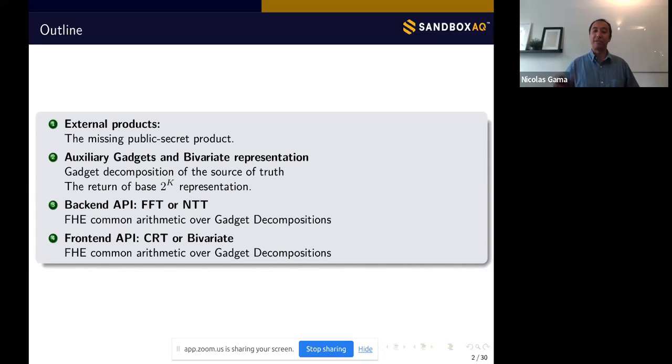We'll also discuss some consequences on the API for FHE backend developers, library developers, or compilers.